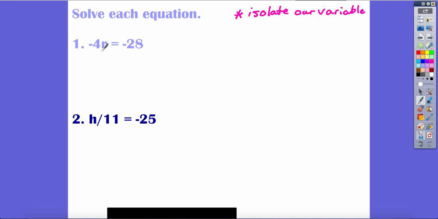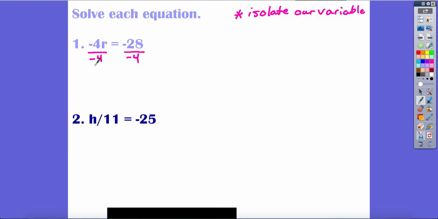If this is being multiplied, and I want to isolate this R, I need the number in front of it to be a 1. So I'm asking myself, -4 divided by what number would give me a 1? Well, -4 divided by itself. So I'm doing the opposite or inverse operation of multiplication.